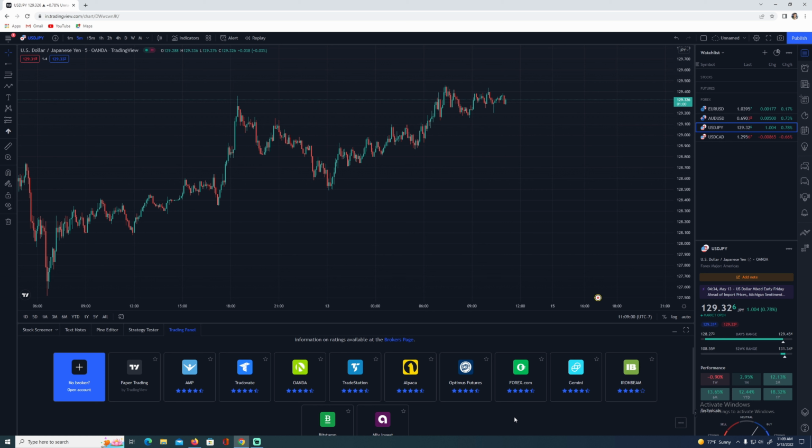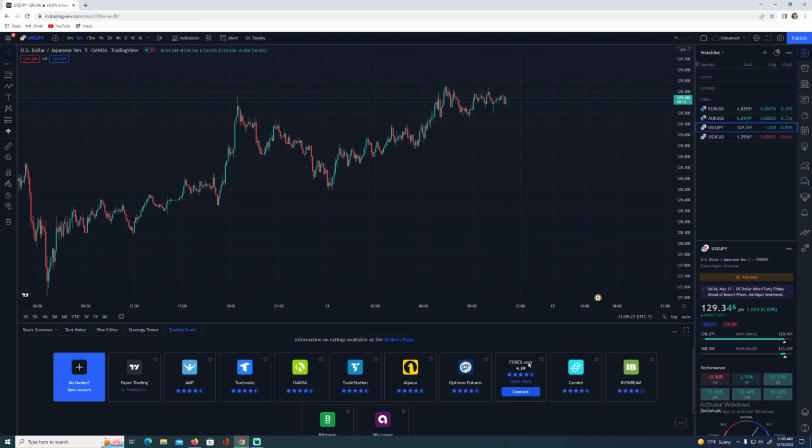So once you create your own live account, you will go to one broker, open an account, deposit some funds, and then you can link that account with TradingView, and you can place the trades from here instead of doing it directly from the broker website or the app.